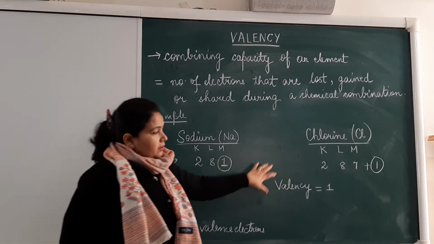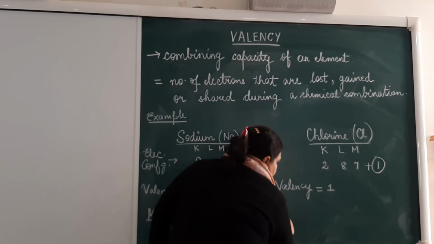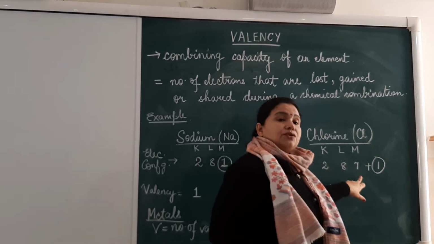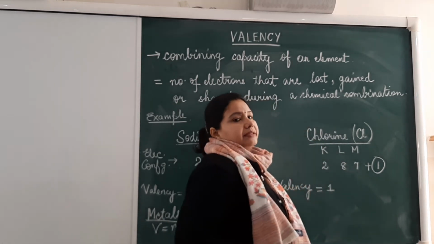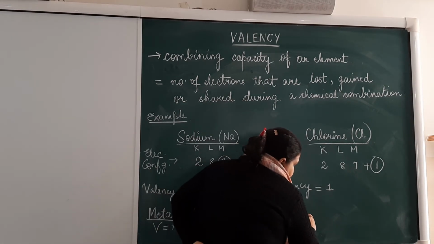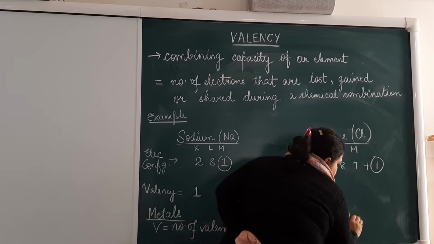Coming to the non-metals, valency can be calculated by subtracting the number of valence electrons from 8, since it needs 8 electrons to complete its octet. So we will write valency is 8 minus number of valence electrons.